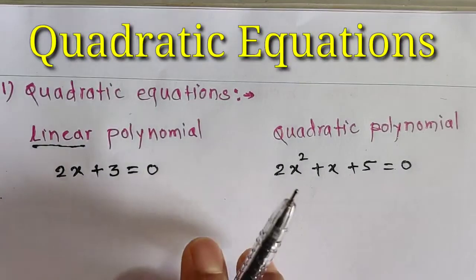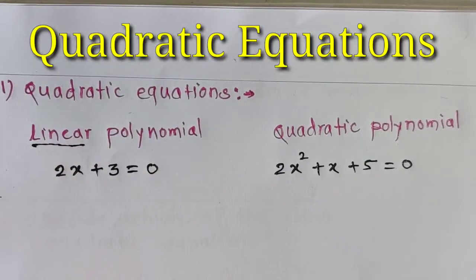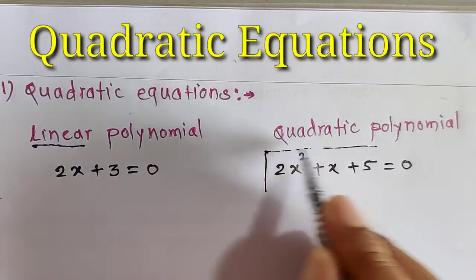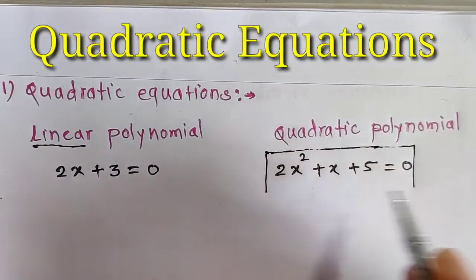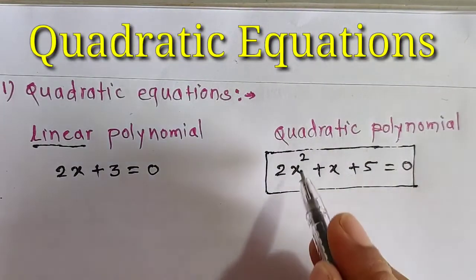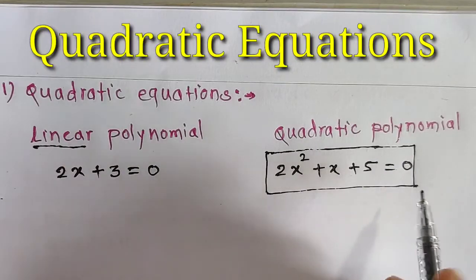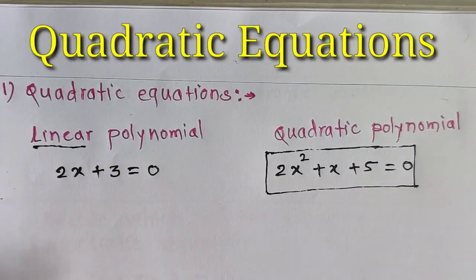Let us see some examples of quadratic equation. An equation of this type is called a quadratic equation, where the highest index is 2 and only one variable is there. Remember, here are two variables. Here consider two examples.